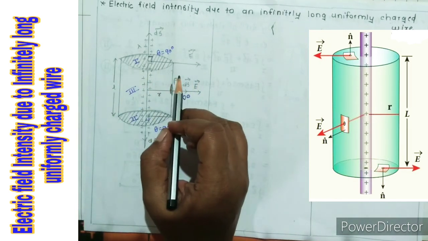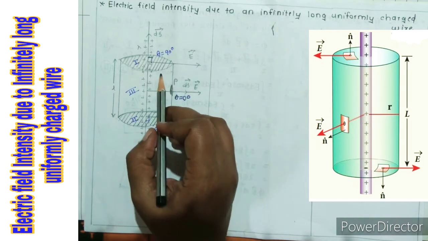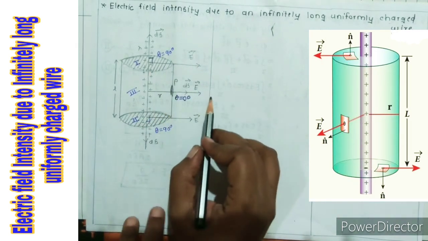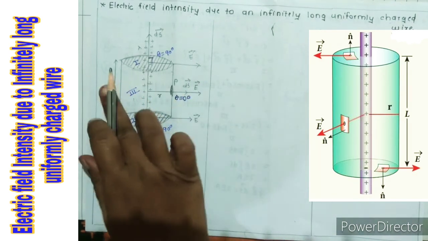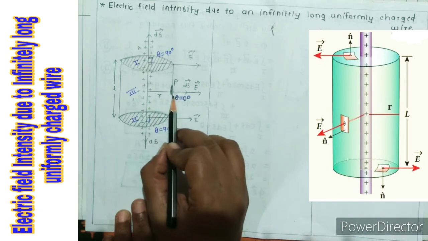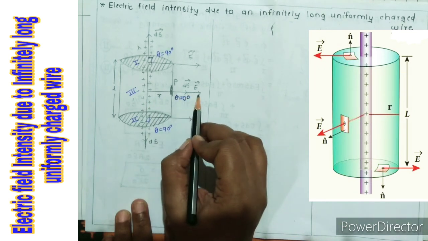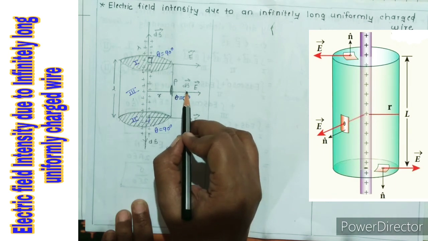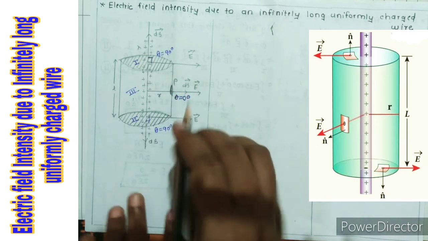As we know, the electric field will be the same at all points, so the value of the electric field is E and the direction is radially outward. Now if I consider the curved surface, the direction of the area vector is the same as the electric field. Why? The surface area vector is always outward, perpendicular to the surface.